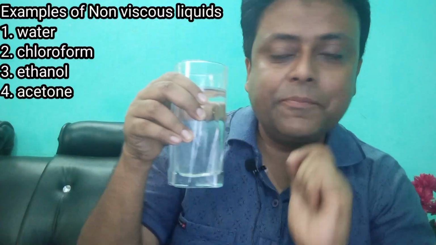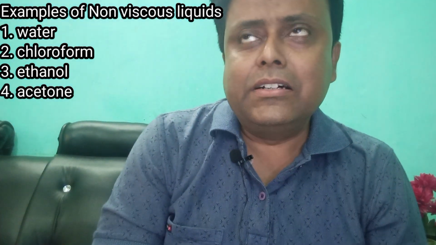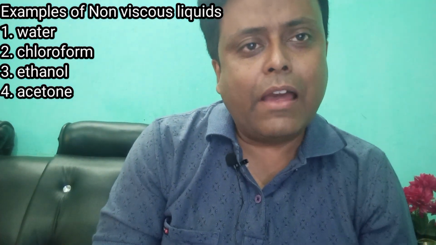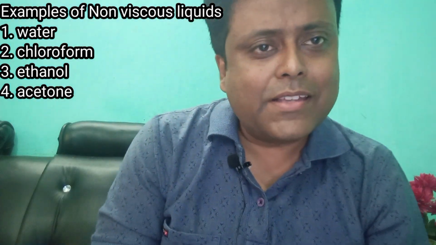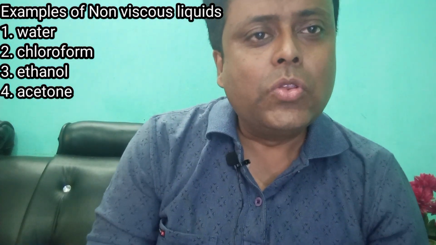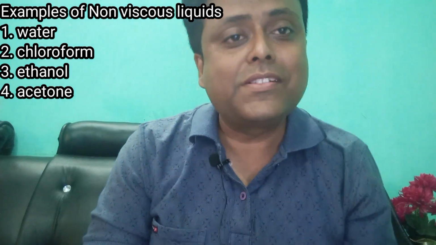So when we say viscous and non-viscous Newtonian liquids, we have water. Along with water, we can have other examples like ethanol, chloroform, whatever. We can give these as examples of non-viscous or low viscous Newtonian liquids.